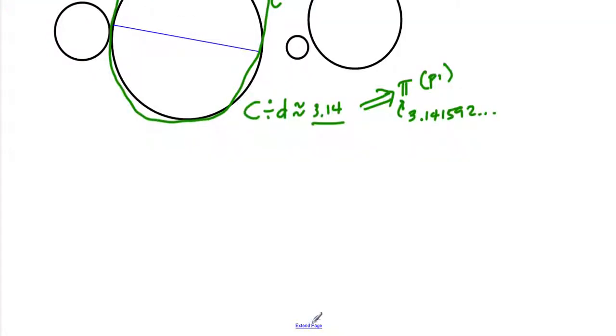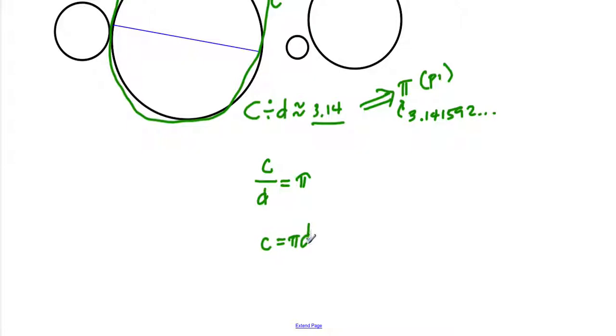If you also notice, I can write the circumference divided by diameter as c over d, which is equal to pi. And if I want to find the diameter of my circle, given that I have circumference and pi, if I manipulate this equation, I will end up with circumference equals pi d.